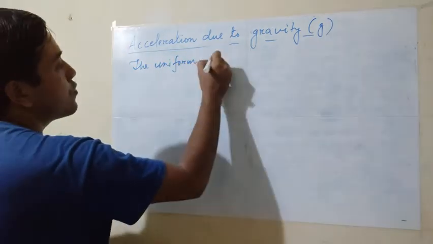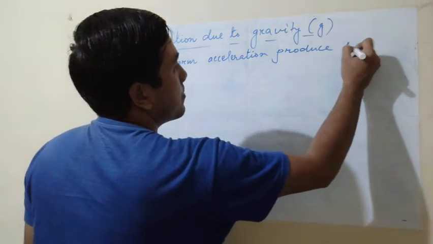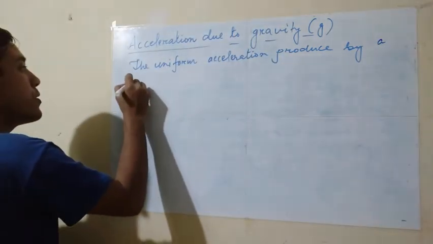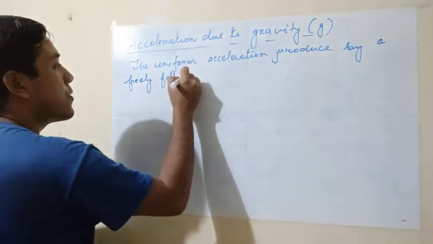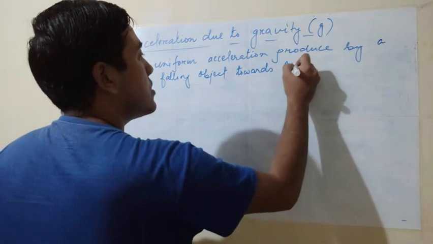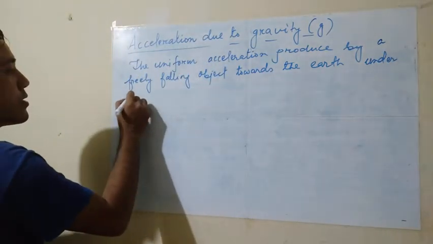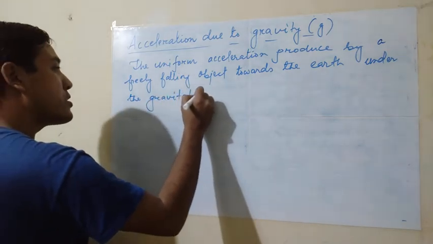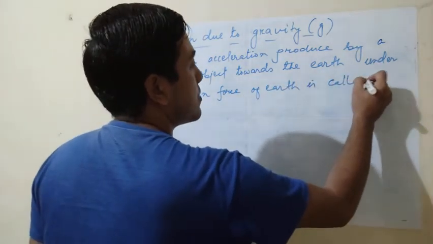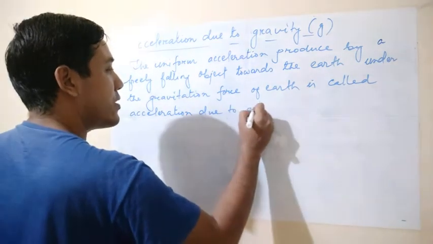a freely falling object towards the earth under the gravitational force of earth, and it is called acceleration due to gravity.